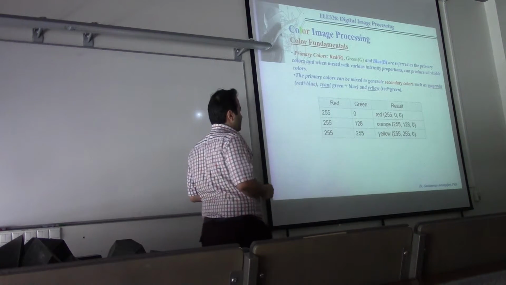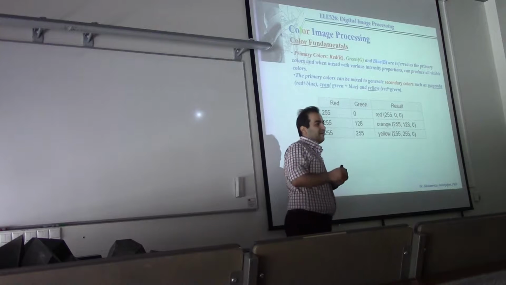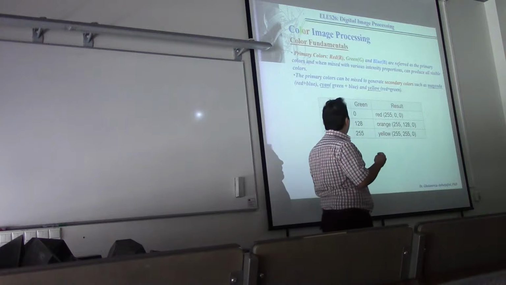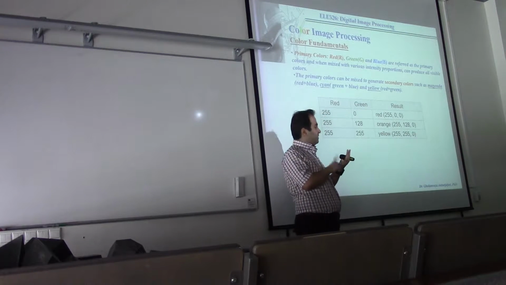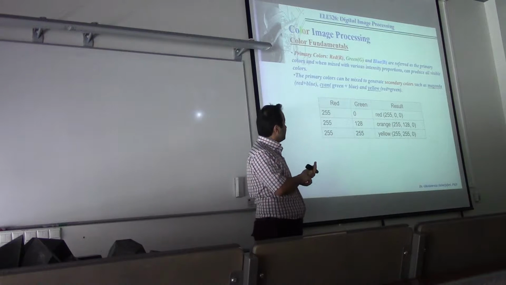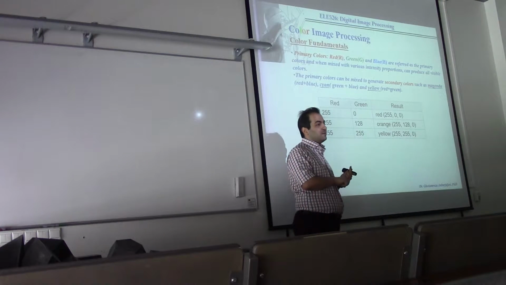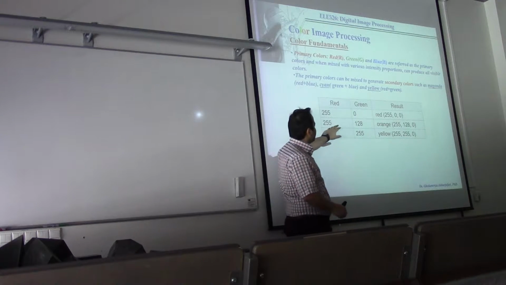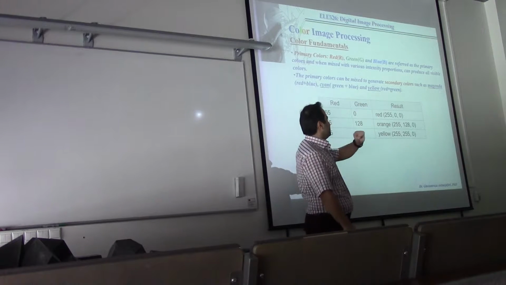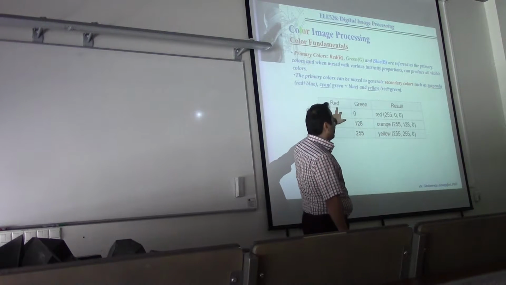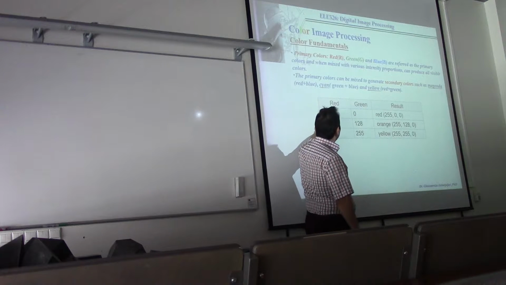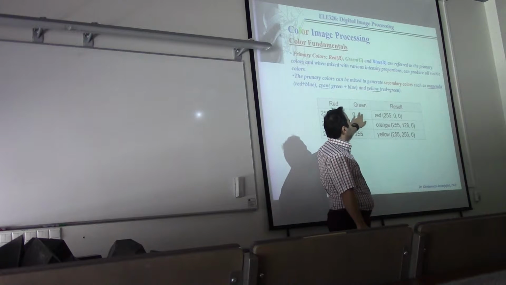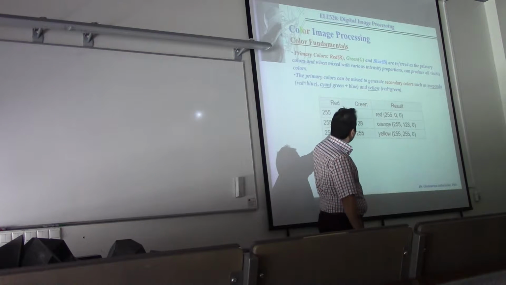When we have an image in color, it means that we have three matrices. The first matrix I mentioned before is red, one of them is green, and one of them is blue. For example, assume that the first pixel of the red matrix is 255, and the value of the green and blue is equal to 0.